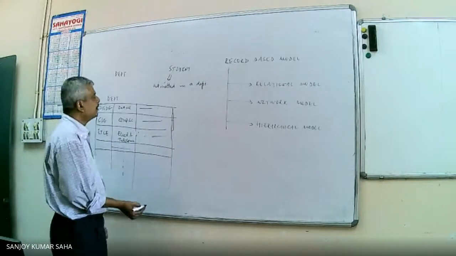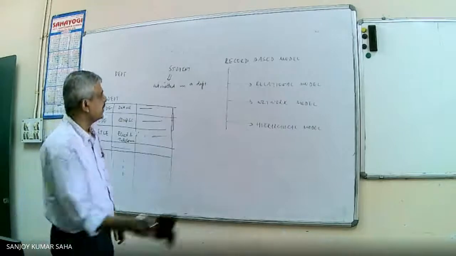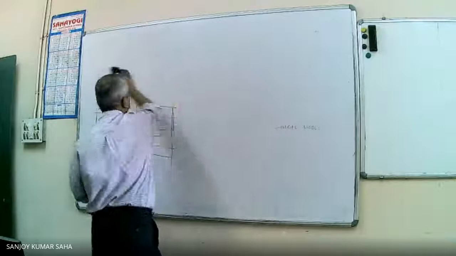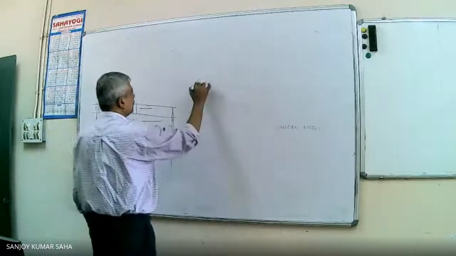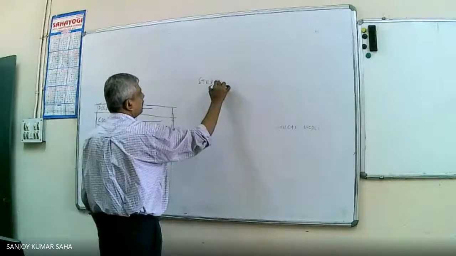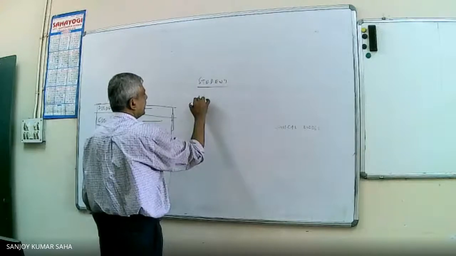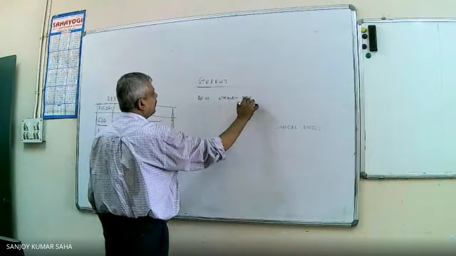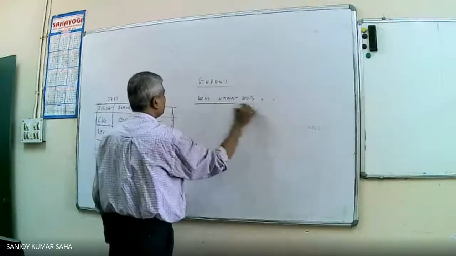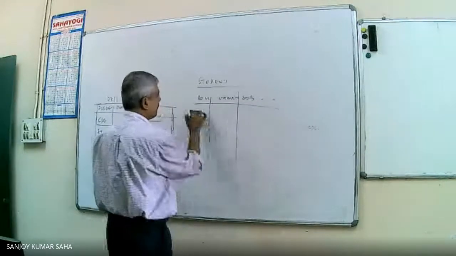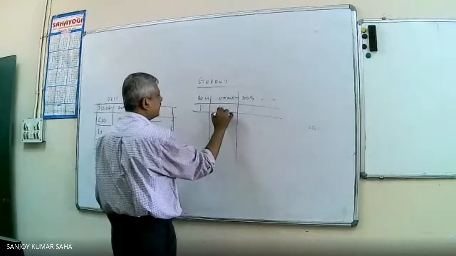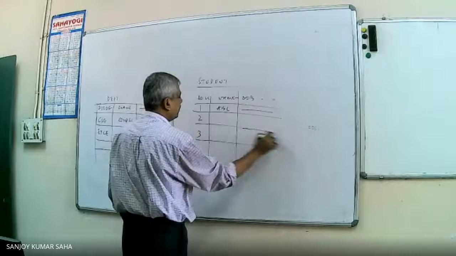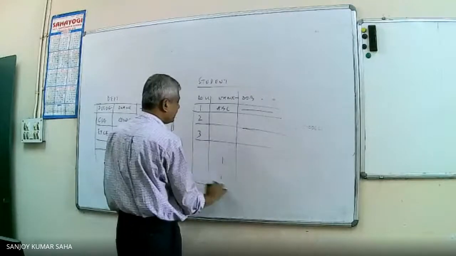Similarly, for the student also we may consider, say, roll, name, date of birth, other information. Say roll 1, name, and so on. So for every student, there is a record.